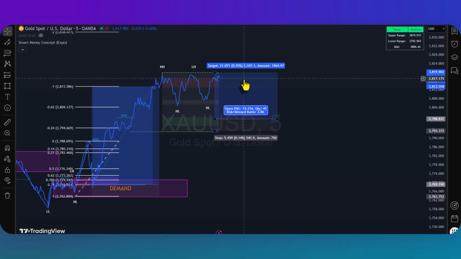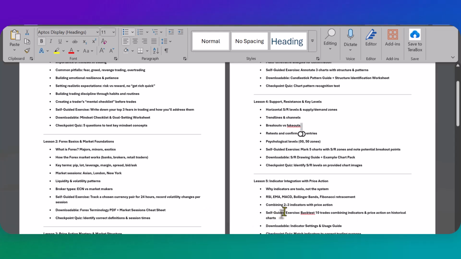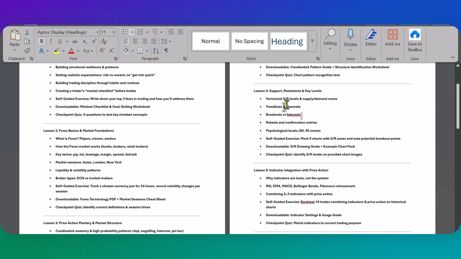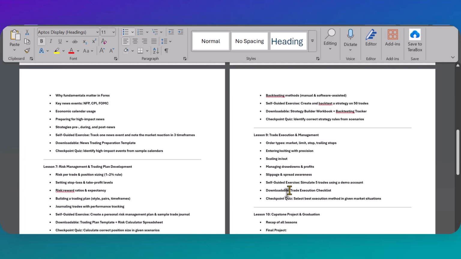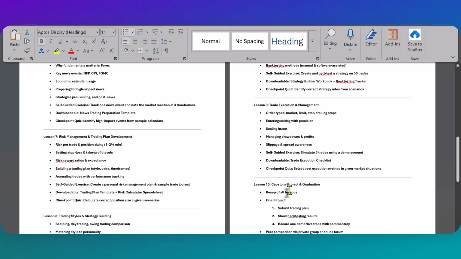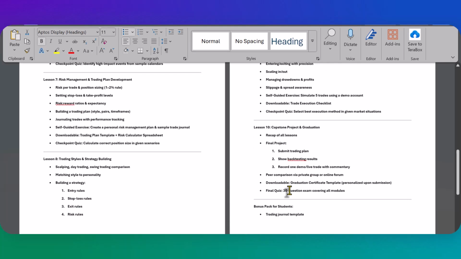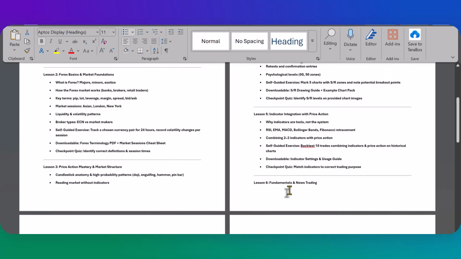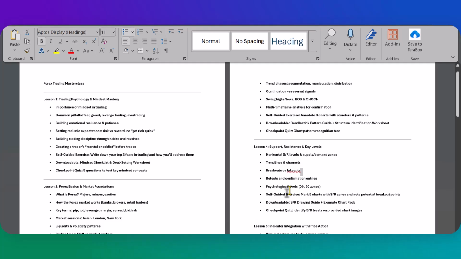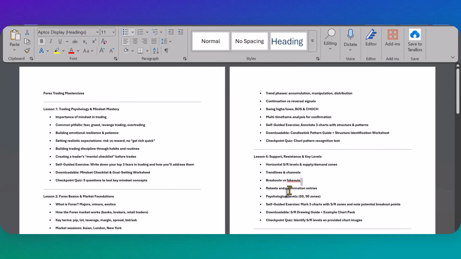I think there's a topic for liquidity. Let me check. After support and resistance, the next topics are indicator integration with price action, news trading, risk management, trade execution, trading styles and strategy building. Have I talked about liquidity? No, I think it's not in this module.